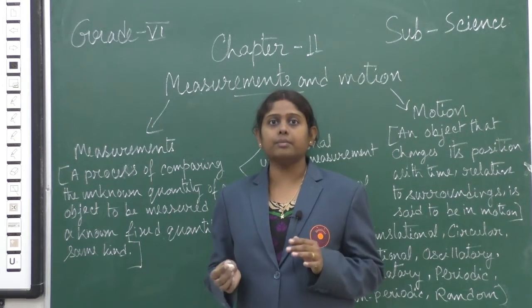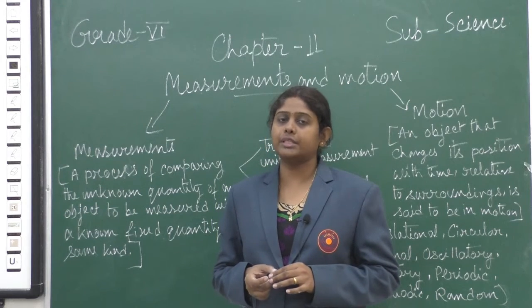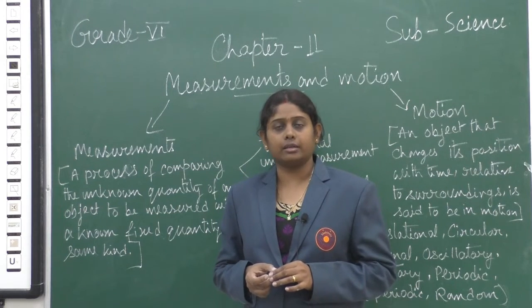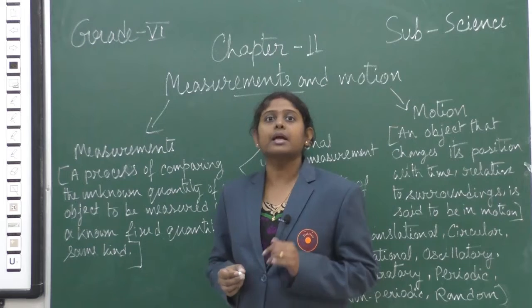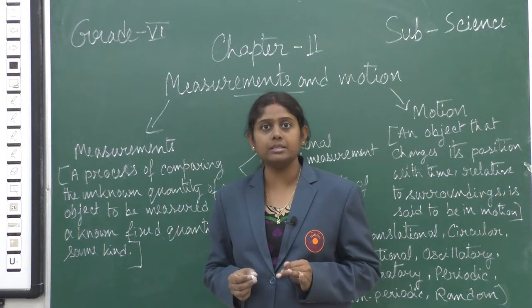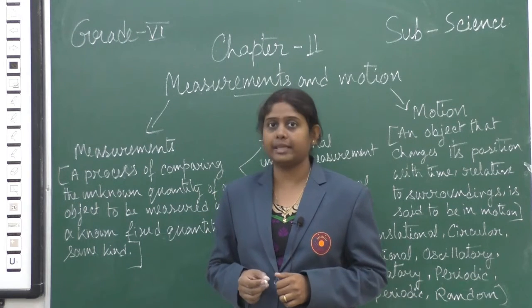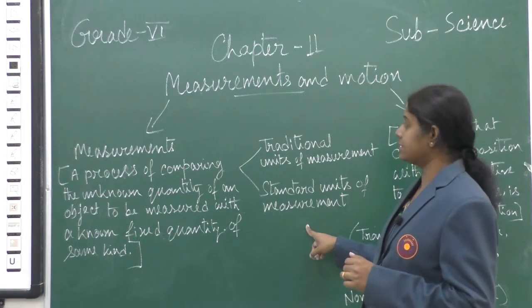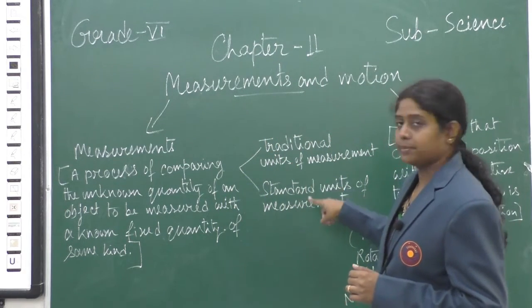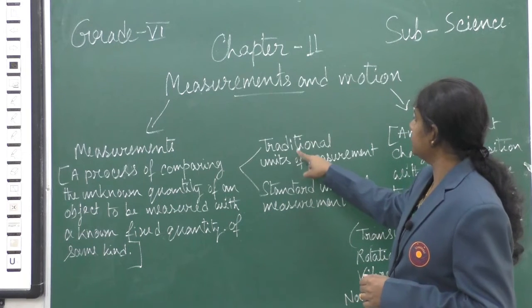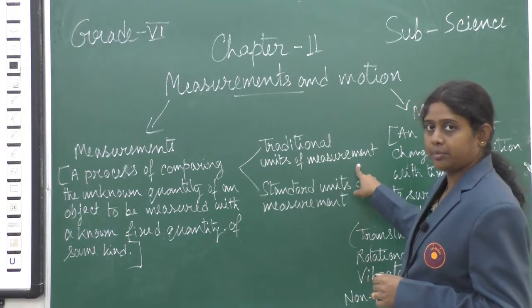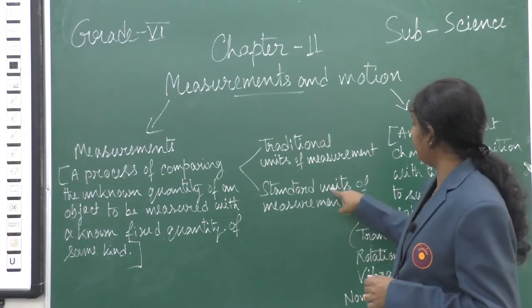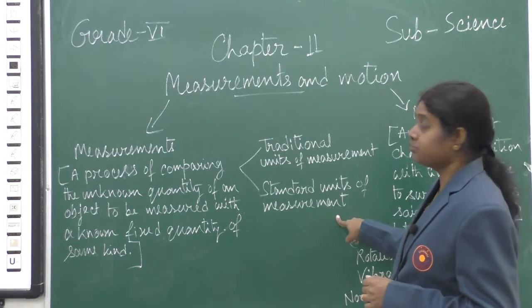Now there are some fundamental physical quantities such as length, mass, time and temperature. Now, as we can see here, there are two types of measurement. First is traditional units of measurement and second is standard units of measurement.